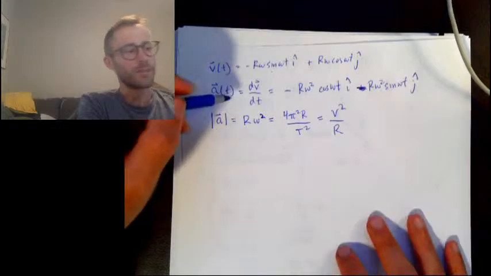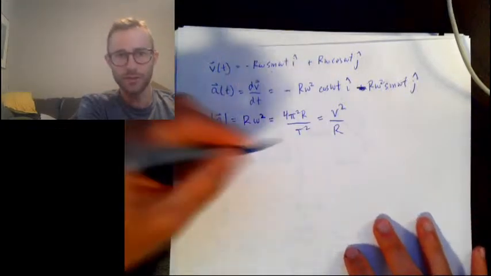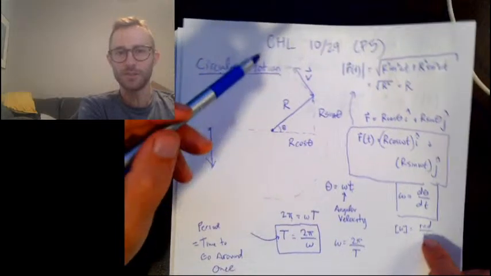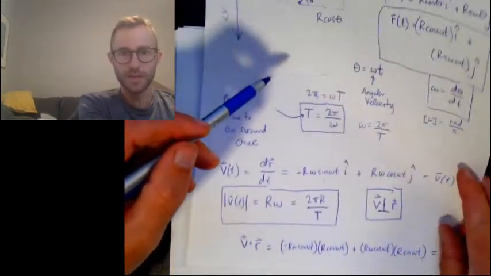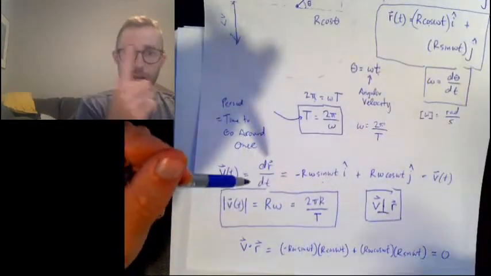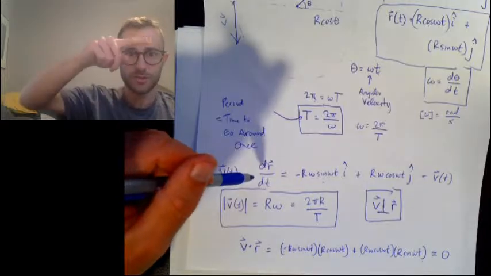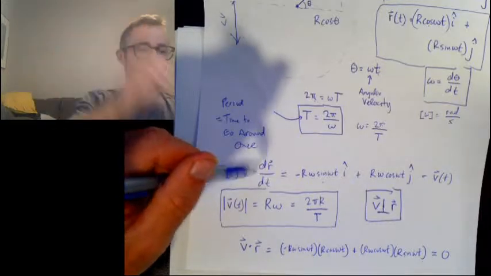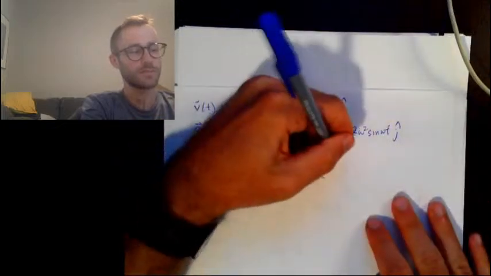So why is the object accelerating? It's accelerating not because its speed is changing. It's accelerating because the direction of the velocity vector is changing. And that is called centripetal acceleration.